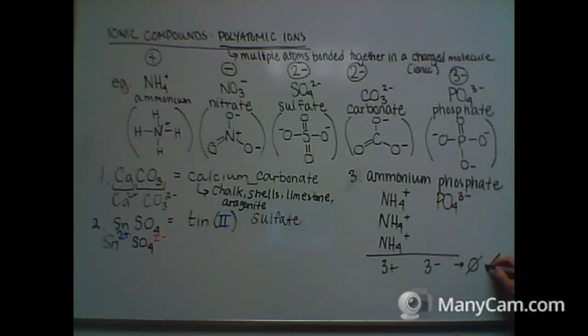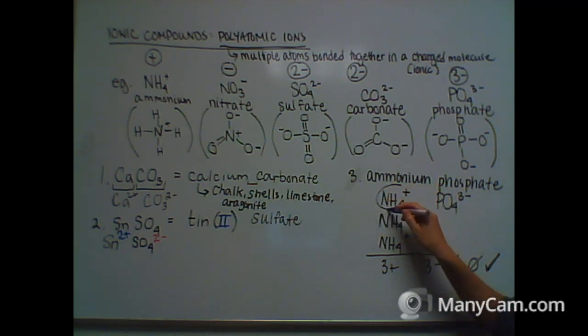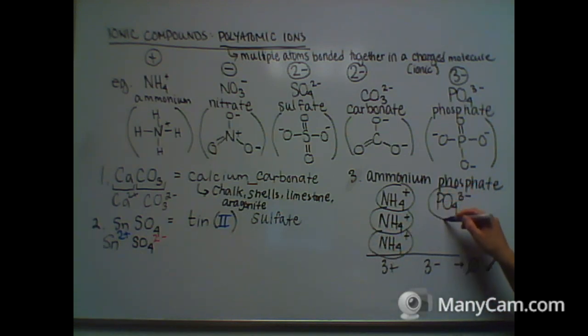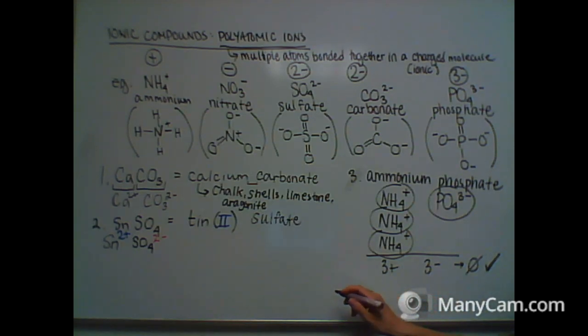This is a zero net charge once we bring them together in the chemical formula. How many ammoniums are there? 1, 2, 3. How many phosphates? 1. All right, so let's write the chemical formula down here. NH4. And there are 3 of them.